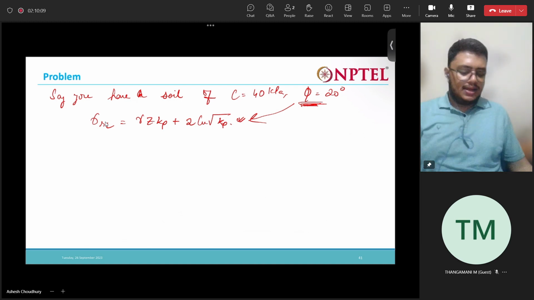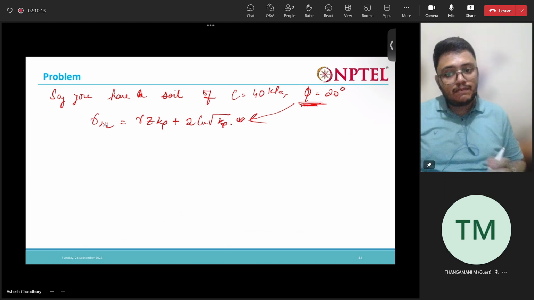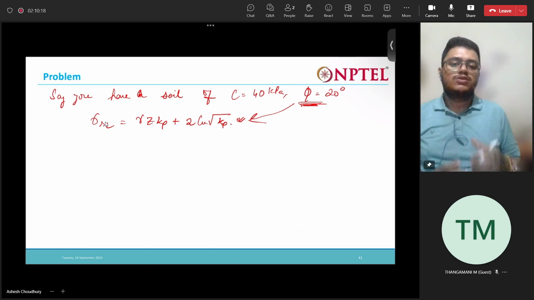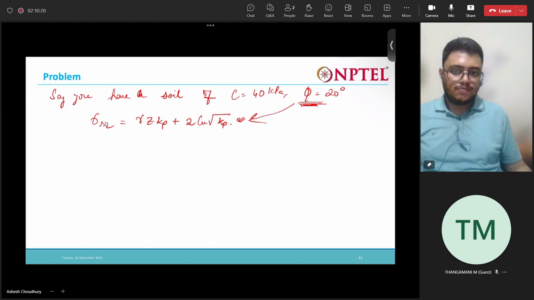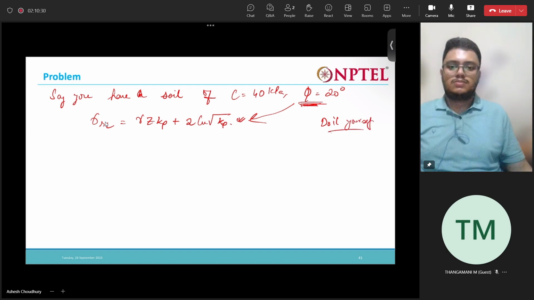In the end, I also said how the load carrying capacity gets affected if your soil is a C-phi soil. I will just write it down, read it yourself, you can do this.